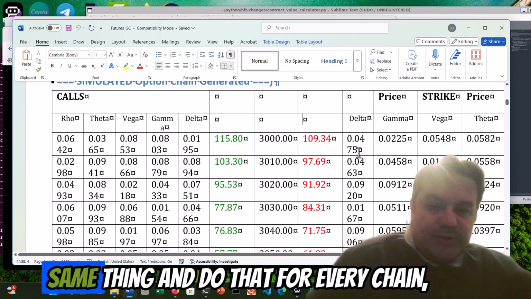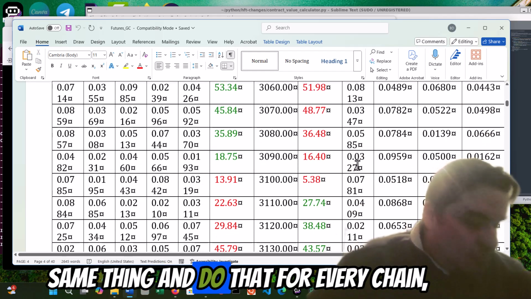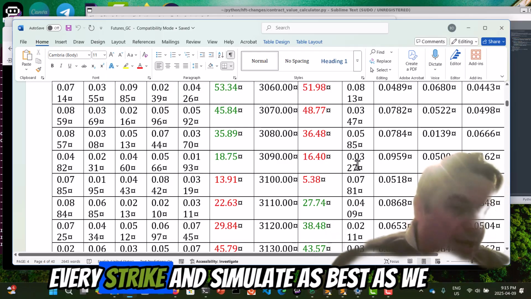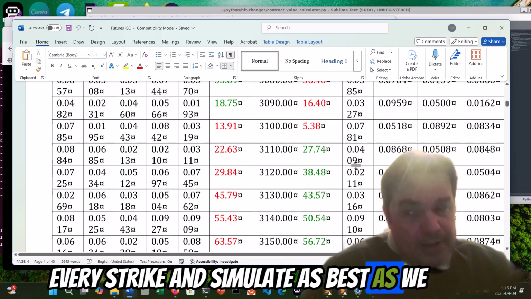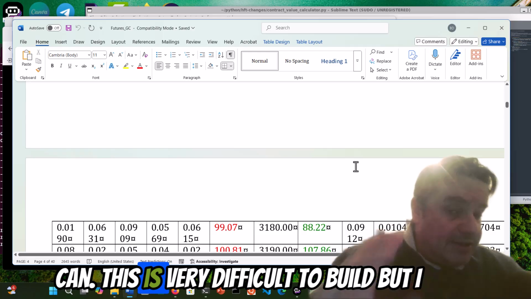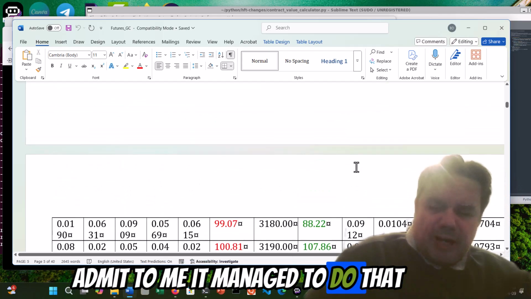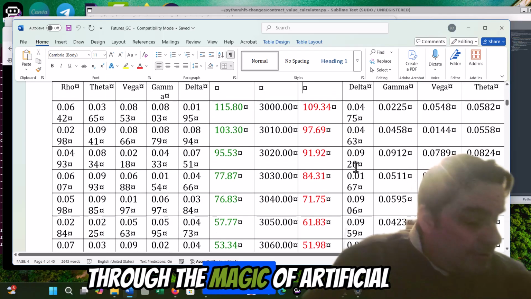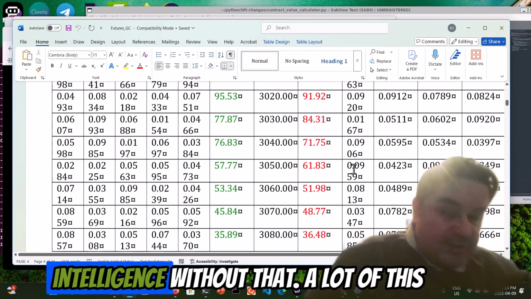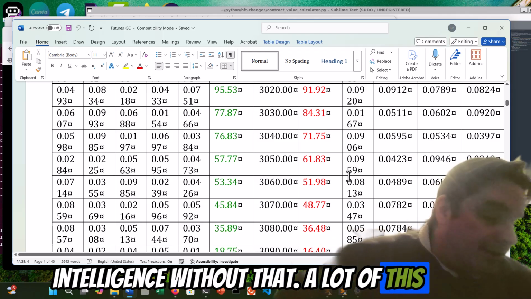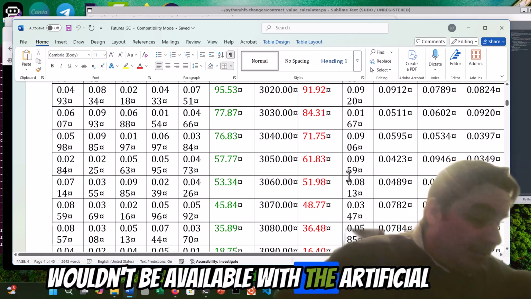And then we can do the same thing and do that for every chain, every strike, and simulate it as best as we can. But this is very difficult to build, but I've managed to do that through the magic of artificial intelligence. Without that, a lot of this wouldn't be available.